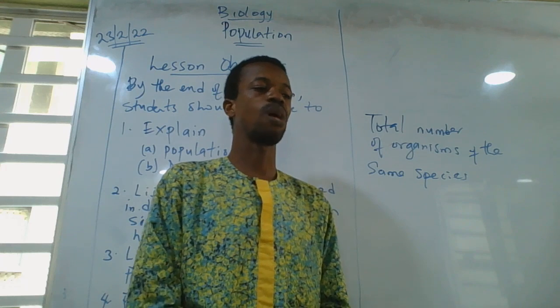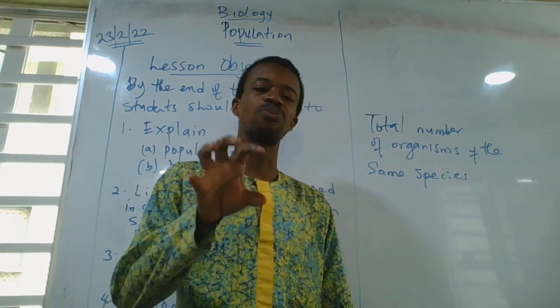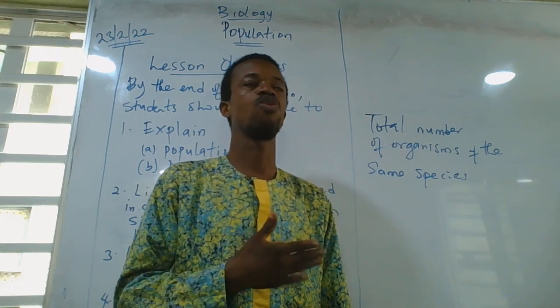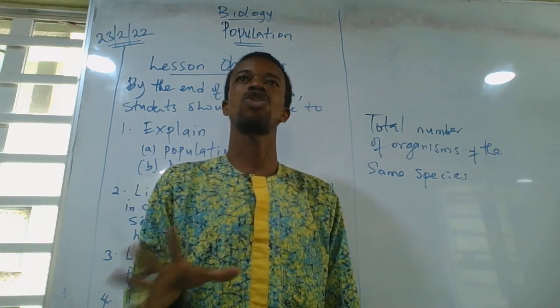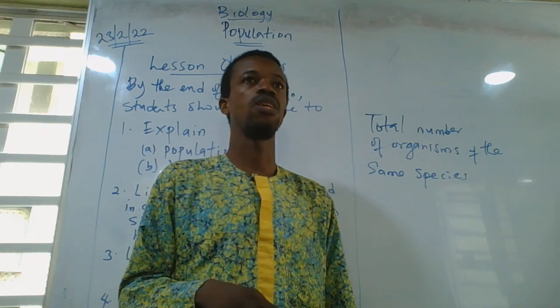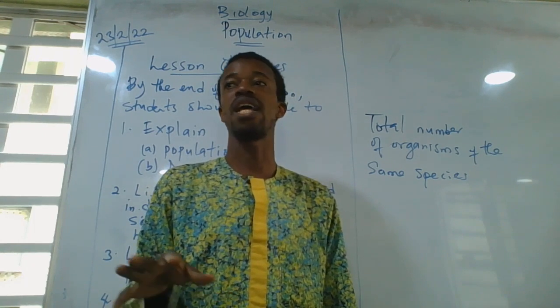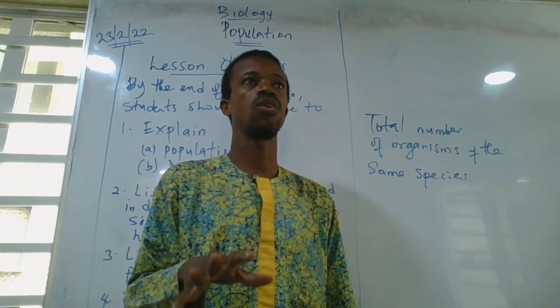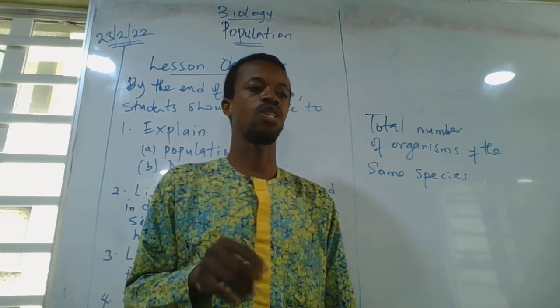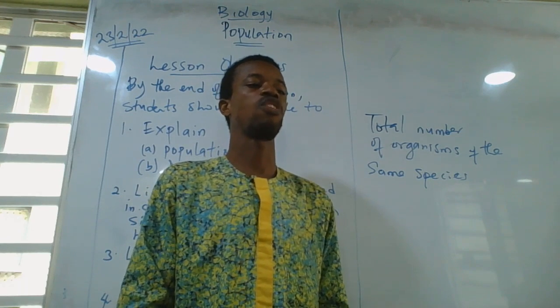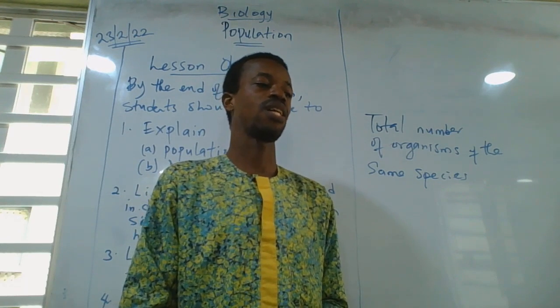But when we want to talk about population, we have to pick a particular species. For example, you can pick human beings only. That's the population of human beings in the environment. If you want to pick animals lesser than human beings, like the cattle, the dog, you must be specific about the species of organism you are talking about, in relation to the environment in which they stay. So that is the meaning of population.